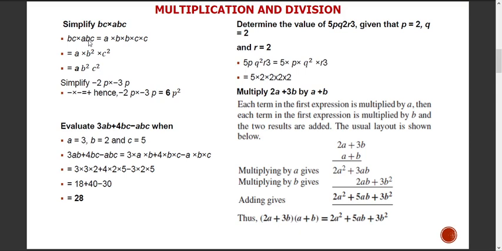Then our next example is simplifying negative 2p times negative 3p. Remember from our primary mathematics times that a negative times a negative will always give us a positive, or an enemy of your enemy will always be your friend. But then an enemy of your friend will be your enemy.